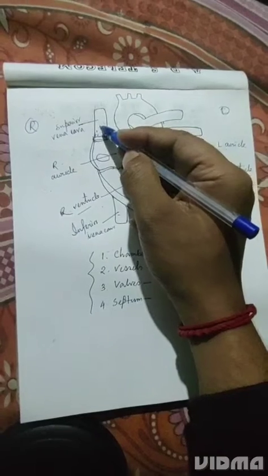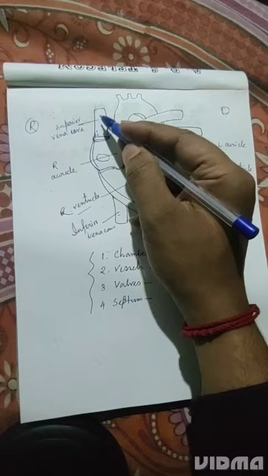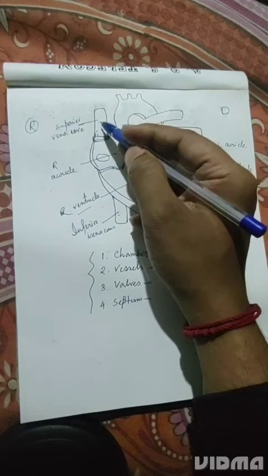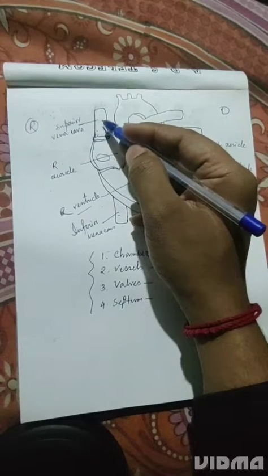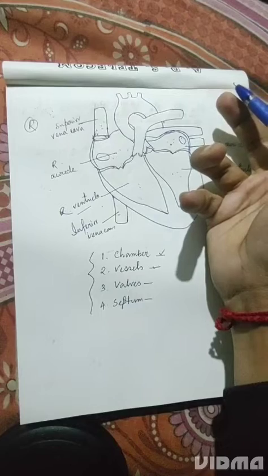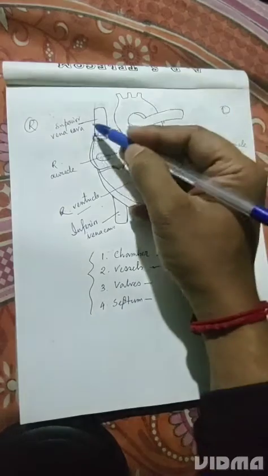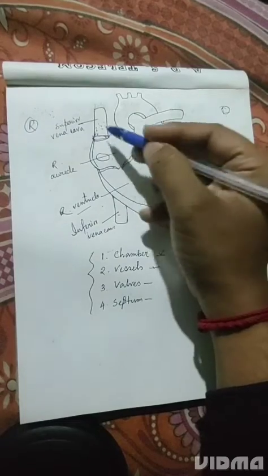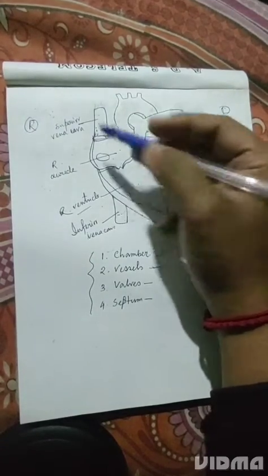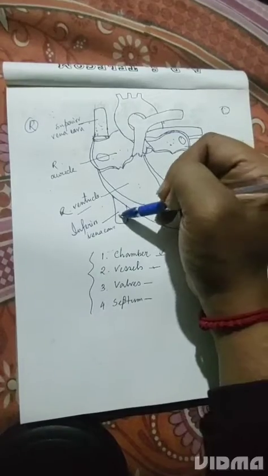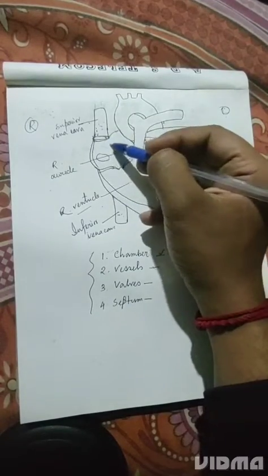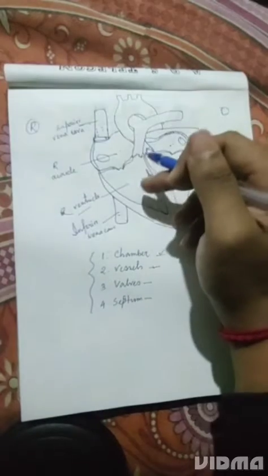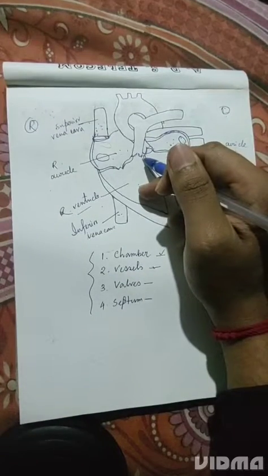So first, the blood from all over the body comes to the heart, and that is deoxygenated blood. It comes to the heart through these two vessels, the superior vena cava and inferior vena cava, and is stored in the right auricle, then comes to the right ventricle.